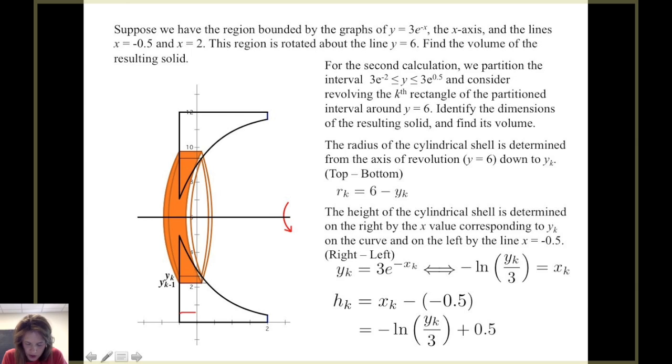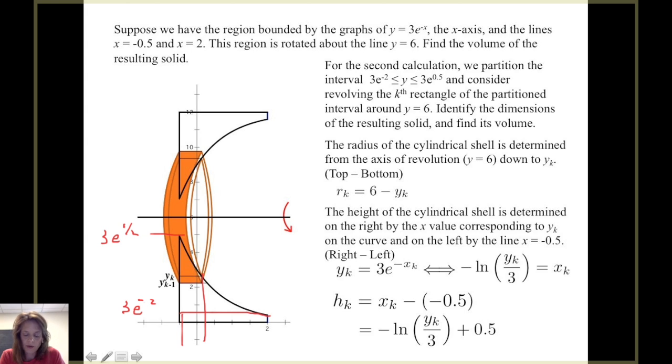If I've partitioned the interval y going from 3e to the negative 2 to y equals 3e to the 1/2, because my rectangles are parallel to y equals 6, I need to solve my equation for x so I can find that difference in those x values.